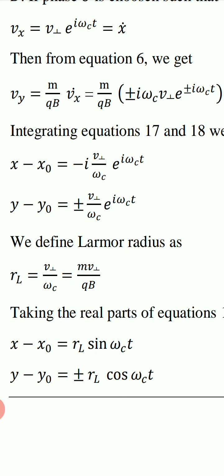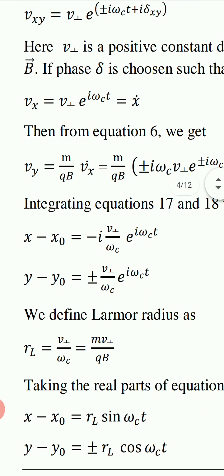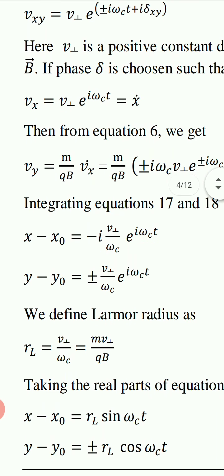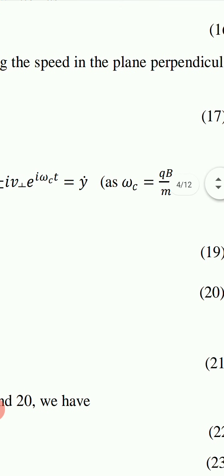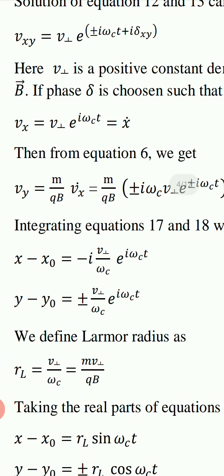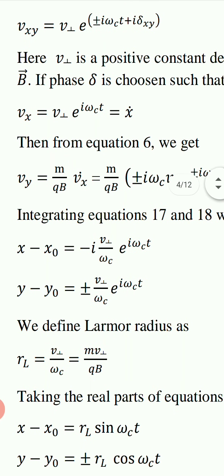So in this solution we must write Vx is equal to V perpendicular e to the power plus minus i omega c t. In equation 17 we removed this plus minus sign before i omega c t. Correct this relation, we write Vx equal to V perpendicular e to the power plus minus i omega c t.